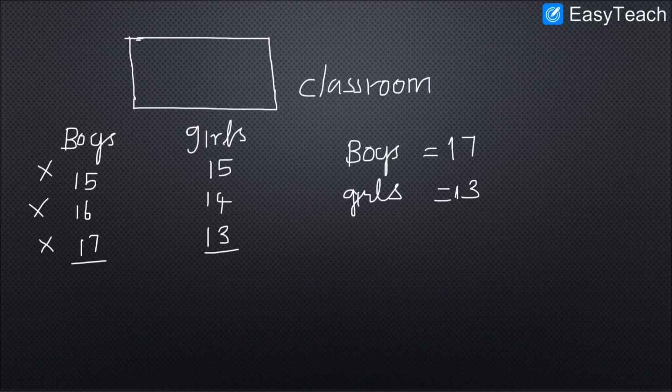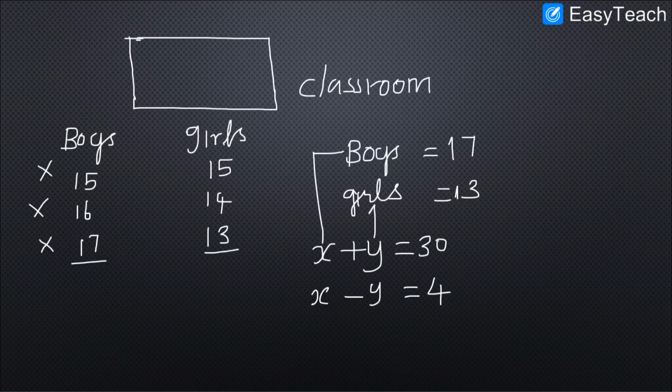How to solve this problem by the algebraic method? Let me try to write these values algebraically. I write x plus y equals 30 and x minus y equals 4. That means I represent x for boys and y for girls.